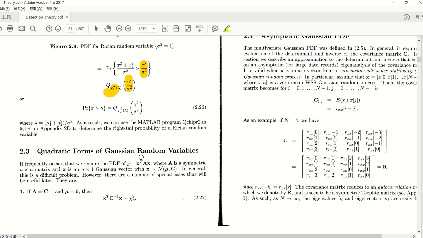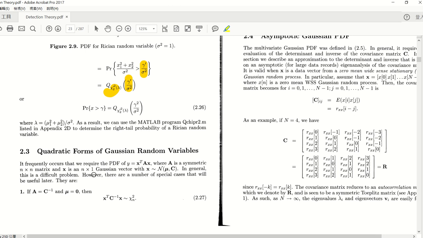As I mentioned before, when we have multiple random variables, we like to use a vector form to represent them. The reason for doing that is it makes the form simple. If you write it all out, it's correct, but it's complicated. So here we have this x, which is an n by 1 Gaussian vector.